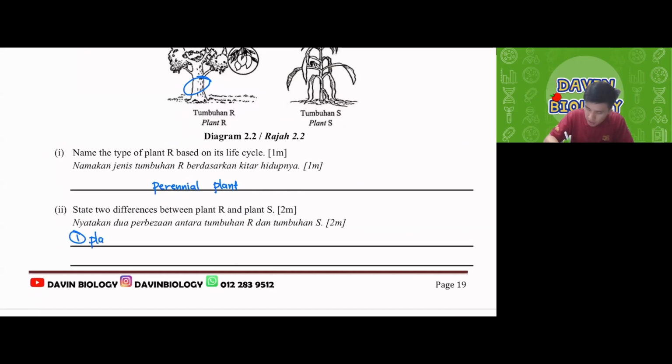Plant R, which is perennial, you can say the growth occurs for more than 2 years.